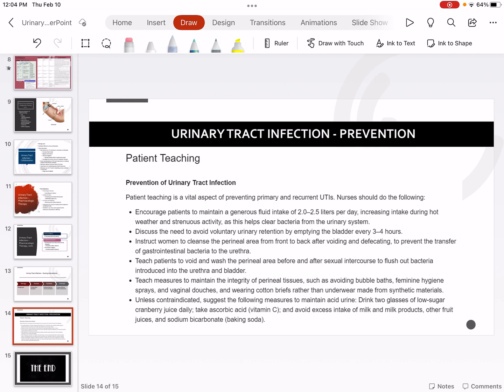So the reason antibiotics can cause an opportunistic infection is because antibiotics can kind of wipe out the normal flora of bacteria present in the GI tract. So the GI tract has bacteria in it that's supposed to be there to help the body function properly.